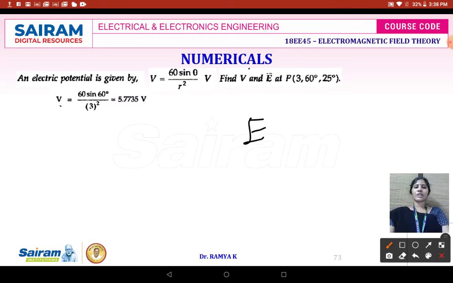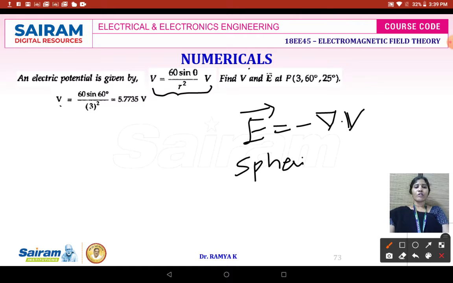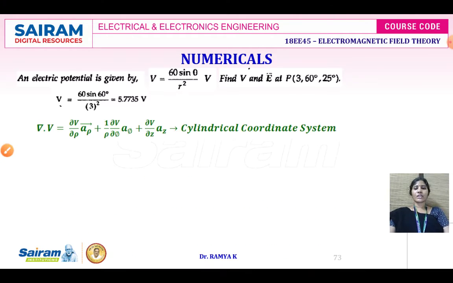And we need to identify the electric field intensity E. The relationship between E and V is that E is equal to the negative gradient of the electric scalar potential. For that we need to check what type of coordinate system is used in the problem. We have r, theta and phi. Therefore, the given problem is in the spherical coordinate system. For the spherical coordinate system, we need to write the grad V formula.